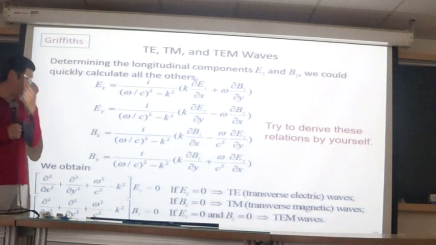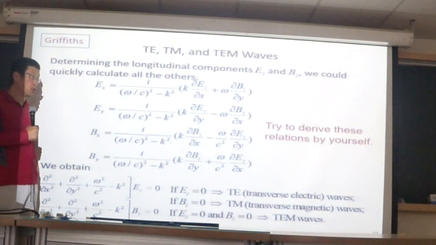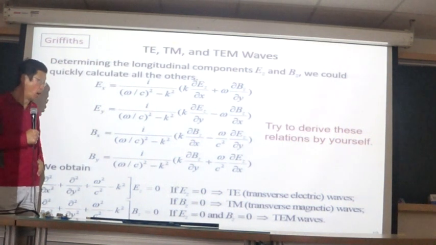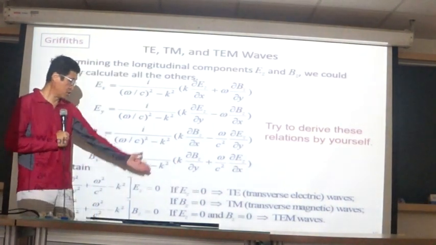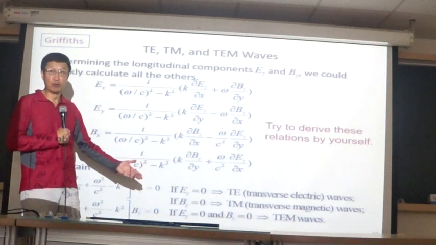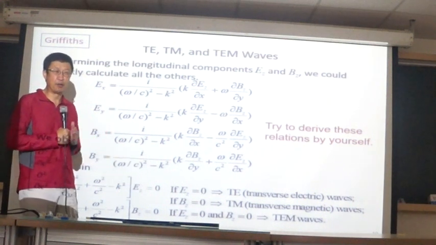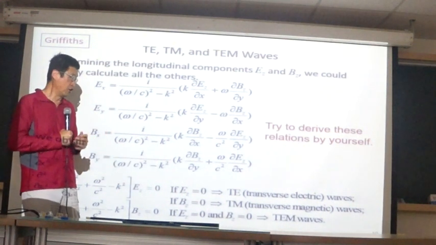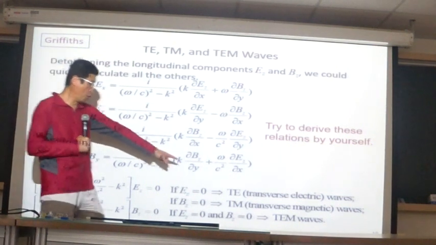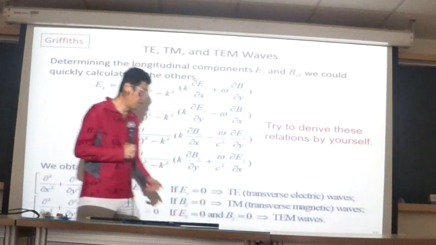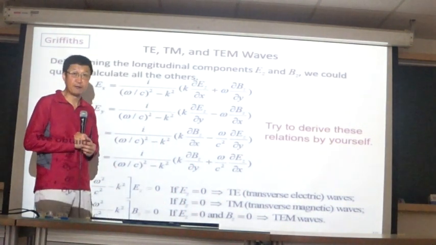We will classify them into 3 types. One is Ez equals 0. That means no z component of the electric field, so all the field is in the transverse components. Therefore, we call these TE waves, transverse electric waves.